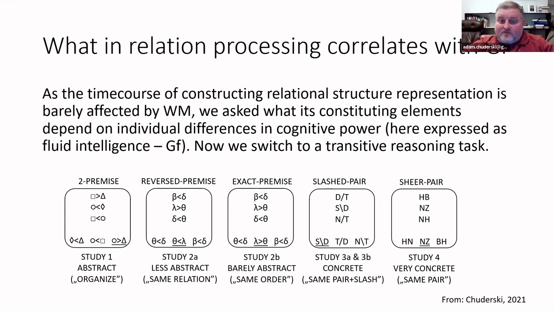So, okay, the hypothesis was perhaps people are scared of mathematical relations like larger than, smaller than. Maybe it is somehow difficult to imagine or process such a relation. So we developed a slashed pair variant where there was a meaningless relation: two letters were connected with a slash, and the direction of the slash mattered.